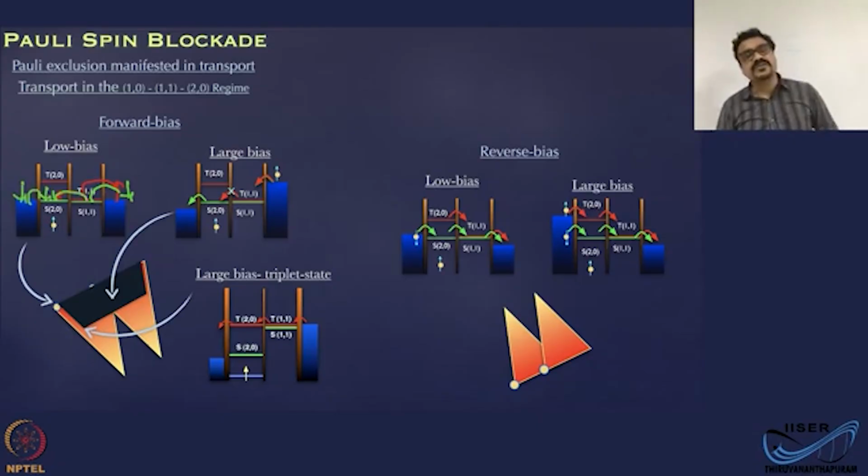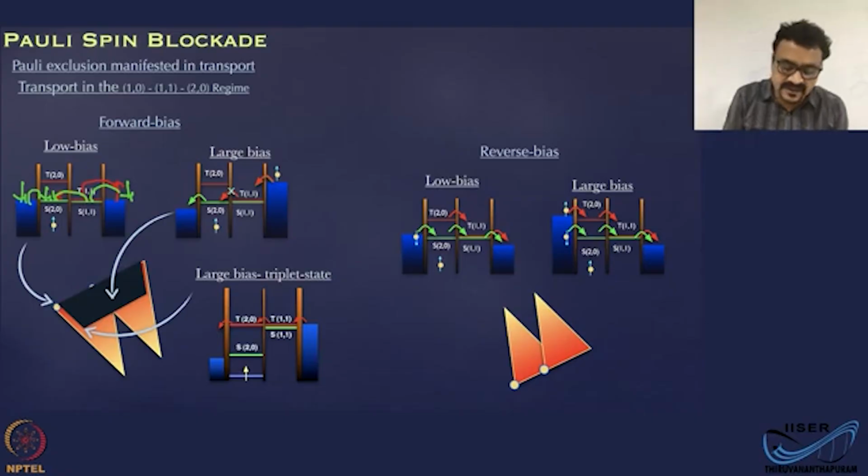So that is possible. What that means is you will have current for a low bias regime as long as this level here is close to the Fermi level. Okay, so you have current, and that is represented by this bright orange spot here.